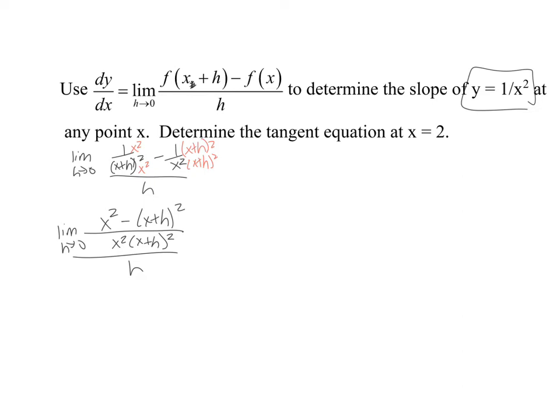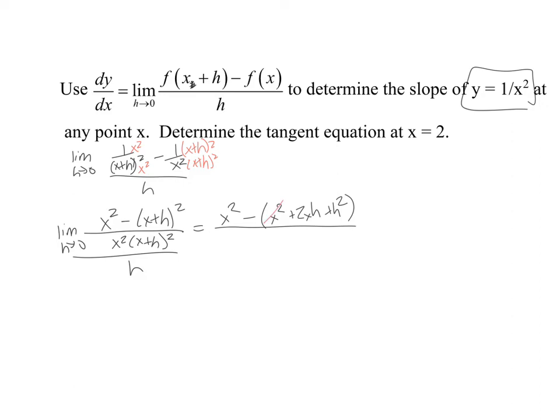So that's good. Now let's FOIL out the top and simplify that as much as possible. So the x squared will stay the same, and if we FOIL out the brackets, that would be x squared plus 2xh plus h squared, and the rest of it would stay the same, so I'll just keep working on the top.